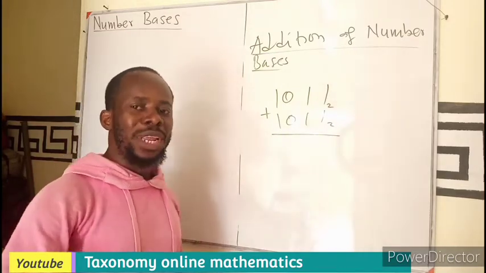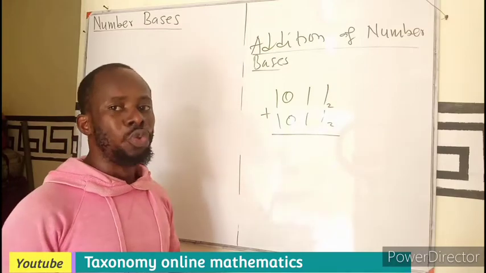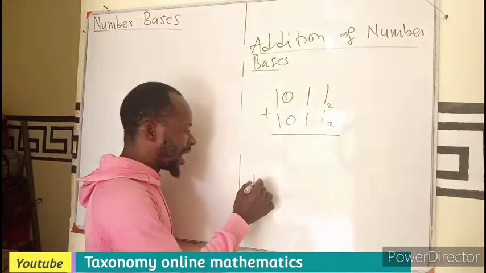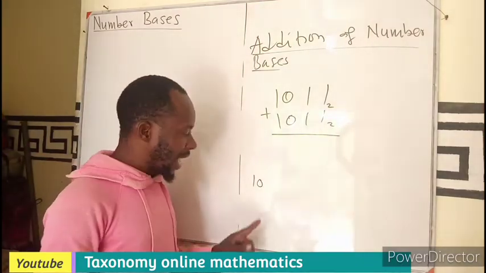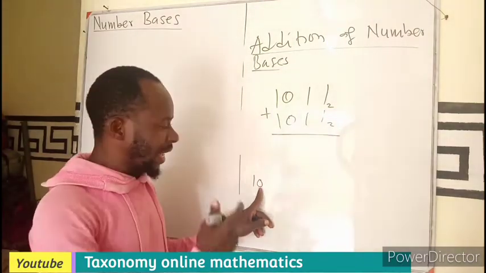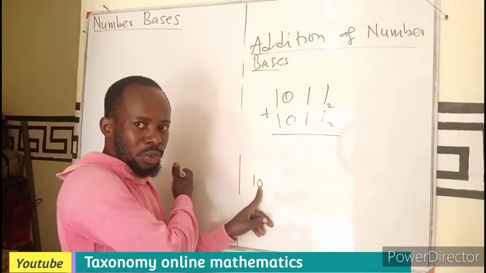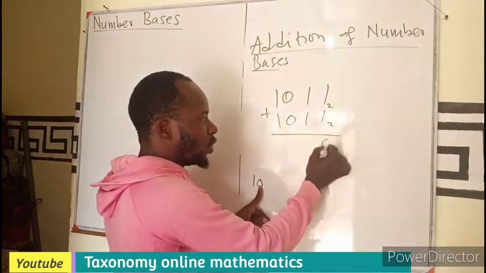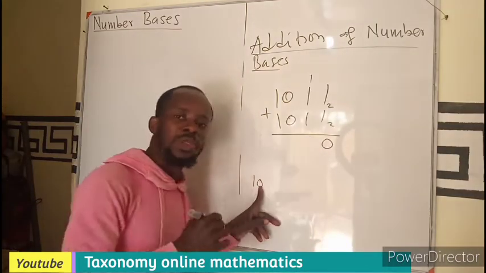So you find out how many groups of 2 can I get in 2. I can only get 1. Remember nothing. So that will mean that I will get 1 0. And this is the unit, and this is the position 2. So I go down for the unit and send the position 2 to the top.